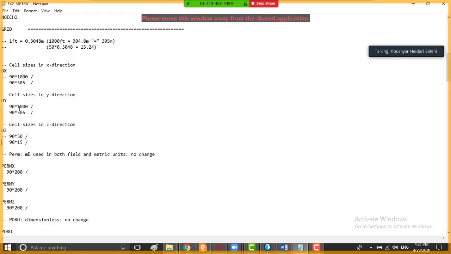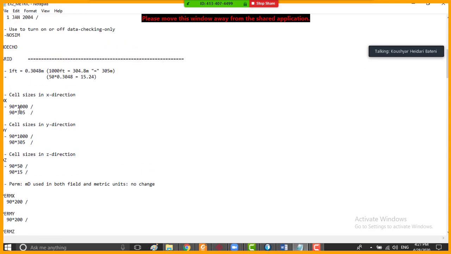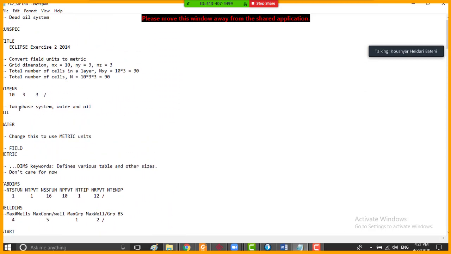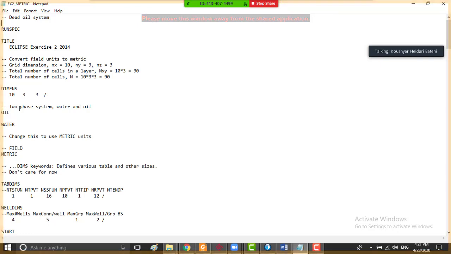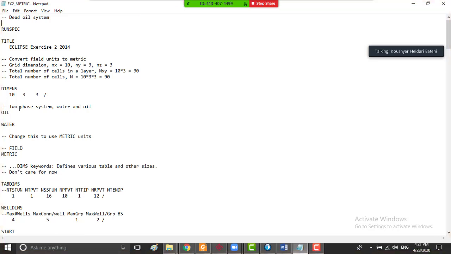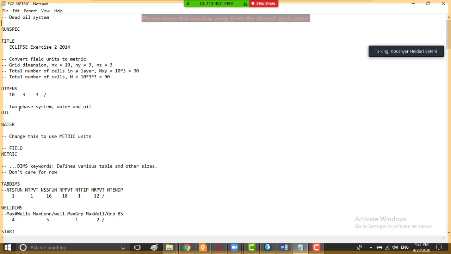Now, in this reservoir that we're simulating, one very important point is when we want to input the data in the grid section, first we have to pay attention to the number of cells that we have defined for the simulation of the reservoir.